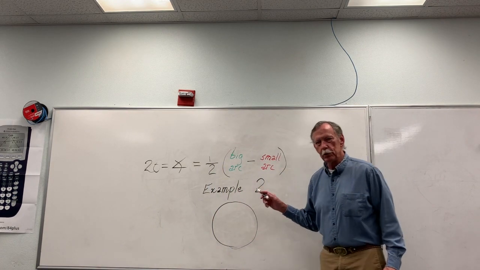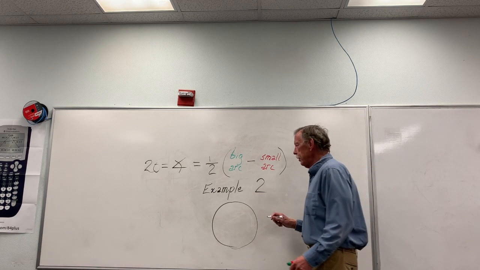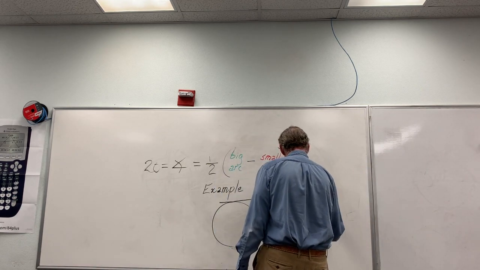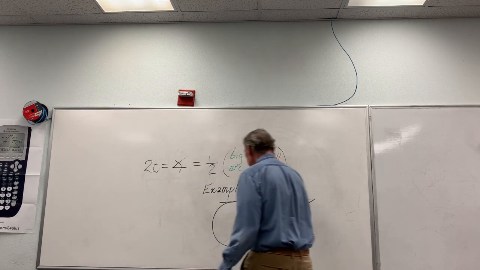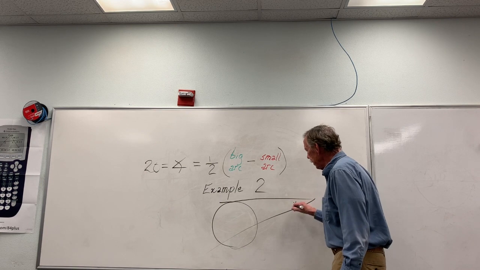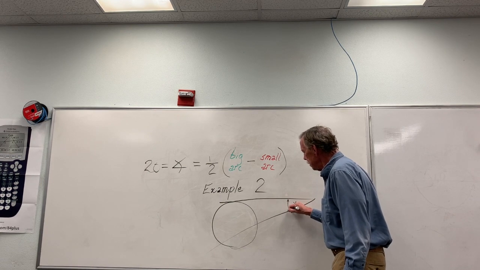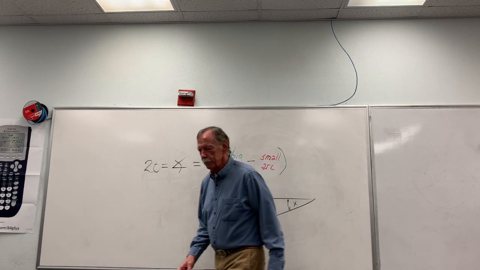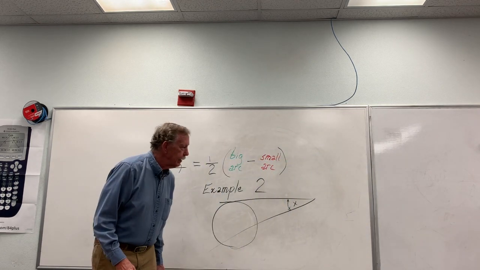In example 2, what we're going to do is draw this happy little tangent here and that secant right there. And once again, we're going to be looking for the size of that angle. Okay?